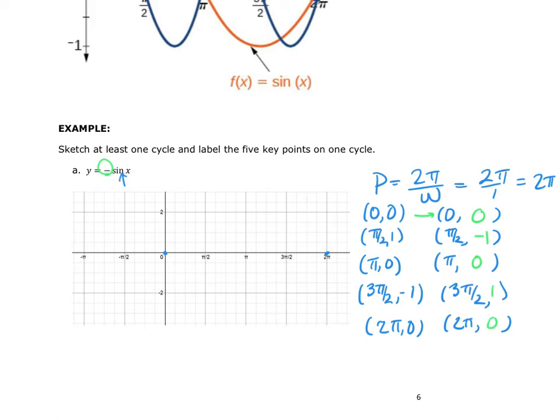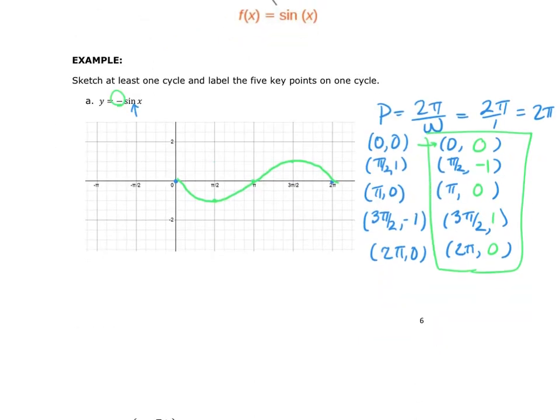So this is my transformed graph. Instead of going into a maximum, I'm going to go into a minimum, then at 0, and then I'm going to go to a maximum, and then I'm going to go back. So this is one cycle, and this is where my key points went to. Let's take a look at the next example.